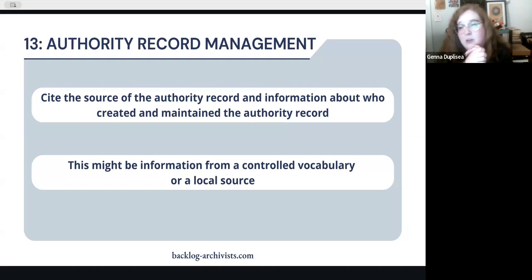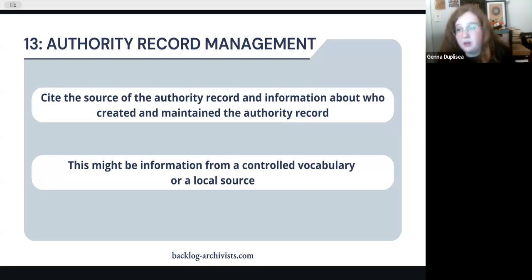Because maybe you decide to refer to a person a certain way based on one particular source. Like perhaps a person writes a letter and they say they're changing their name, and they say this is how I'm referring to myself from now on. And so to honor that, you use that form. But maybe that's actually a rarer form of the name, and other people refer to that person in a different way.